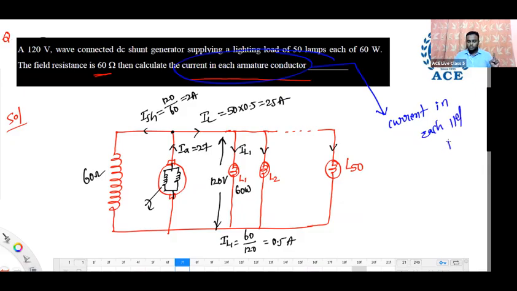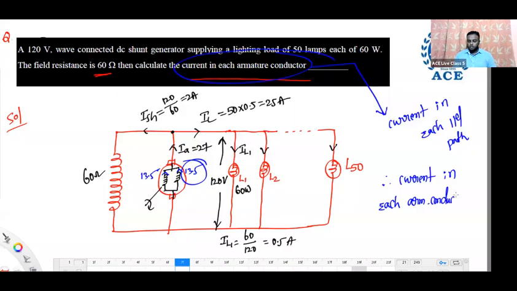So how many parallel paths are there? 2. 27 is total current, so it equally divides, 13.5, 13.5. So the answer is 13.5 amperes. Therefore, current in each armature conductor is equal to 13.5 amperes.